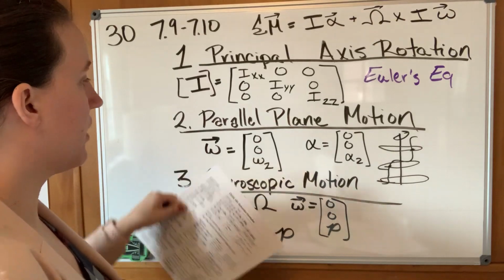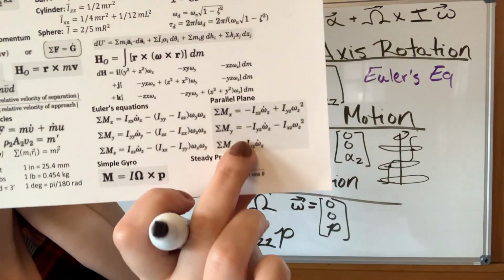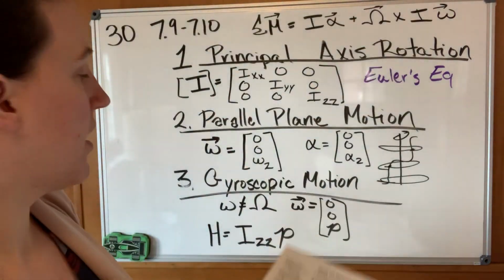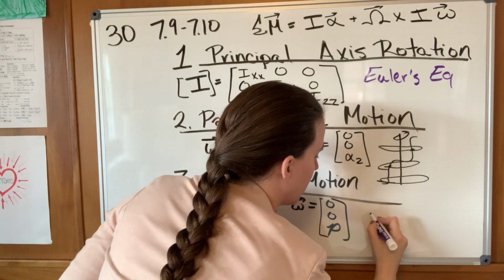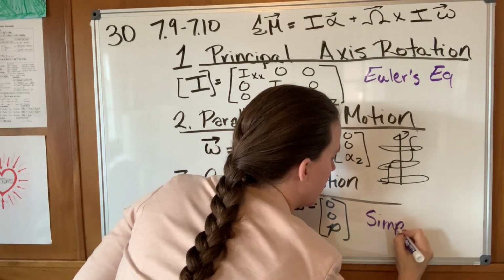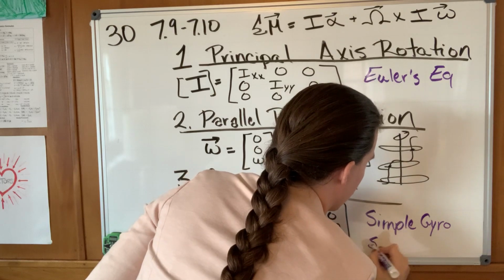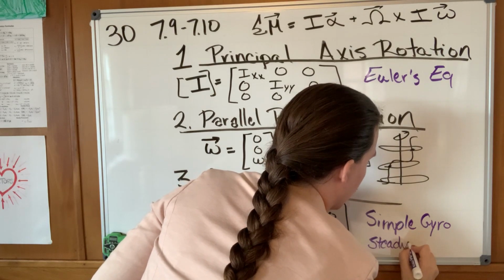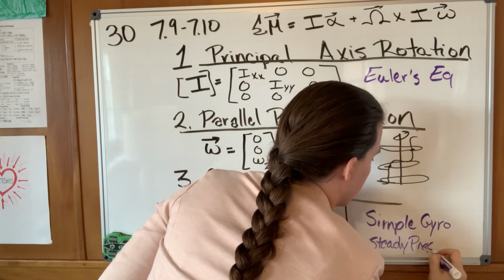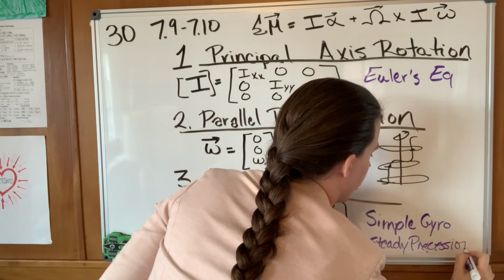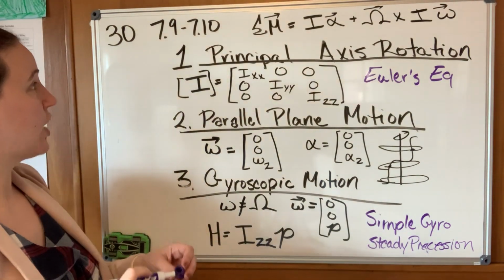And then for parallel plane motion, we've got some parallel plane motion equations here on the formula sheet. And then for gyroscope, we can talk about two cases, a simple gyro and steady precession. Right, and that's going to take us through the end of chapter 7.